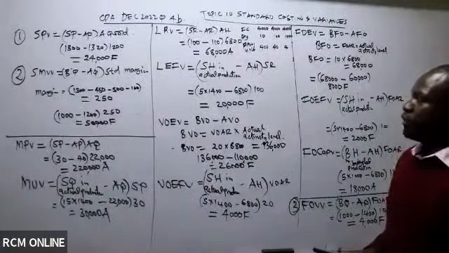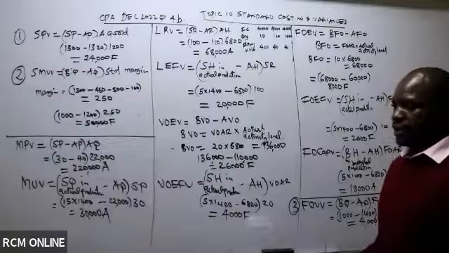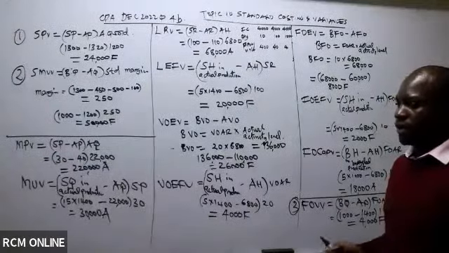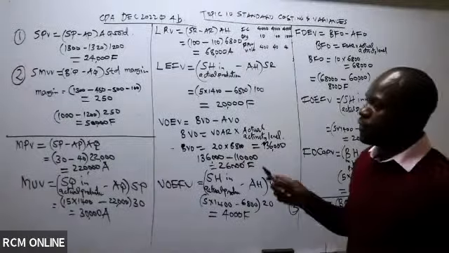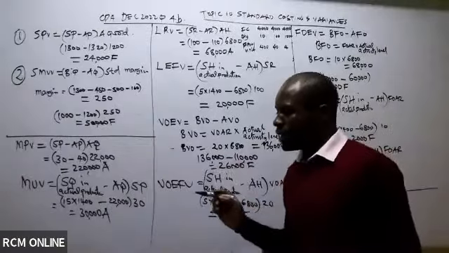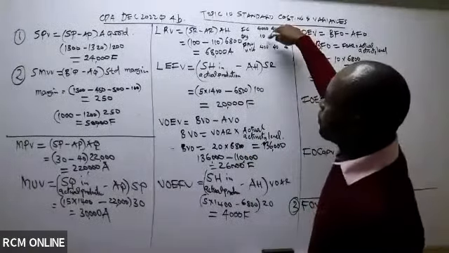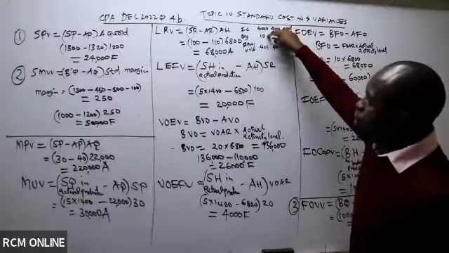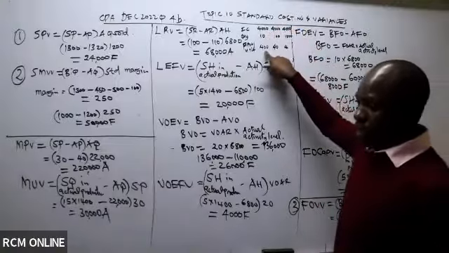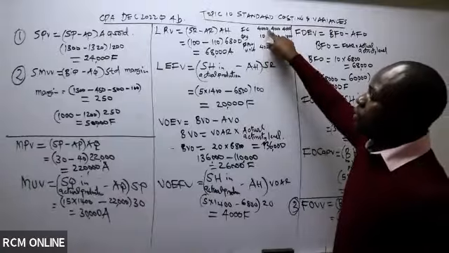Okay, I want us to pick it from this point. You are in business, you are doing wholesale, right? Maybe there are these parcels that are being sent to you. If 10 are delivered to you, you will be charged 400 per unit of this 10 to give you 4,000.